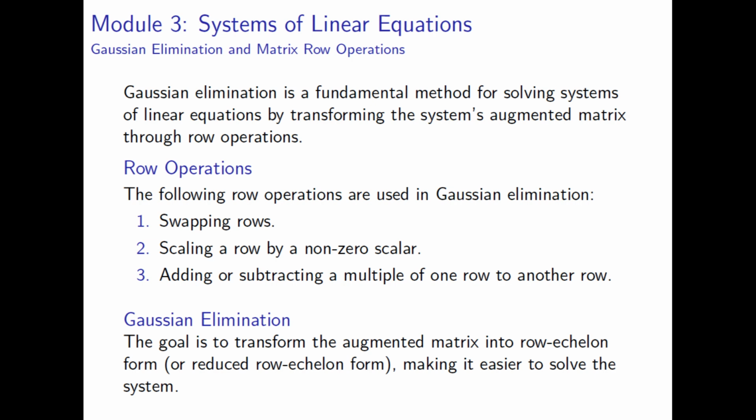Gaussian elimination's primary objective is to simplify the augmented matrix into row echelon form, or reduced row echelon form, making it easier to solve the system. This systematic approach is crucial for solving large systems efficiently and is a foundational concept in linear algebra and AI.